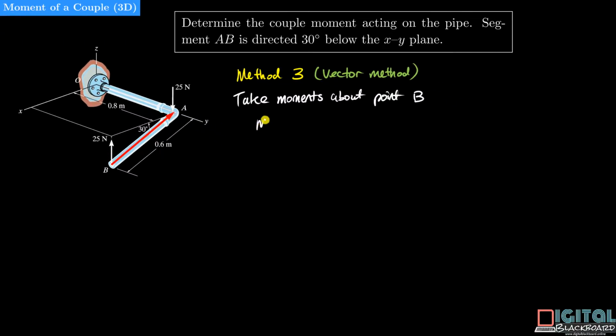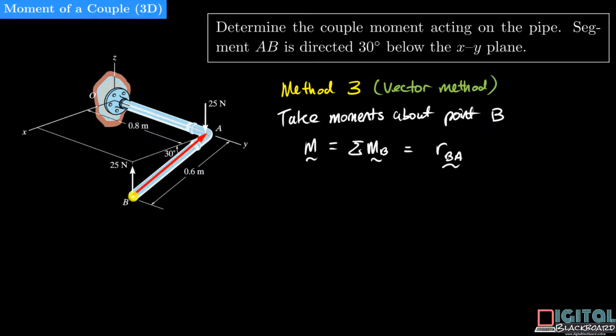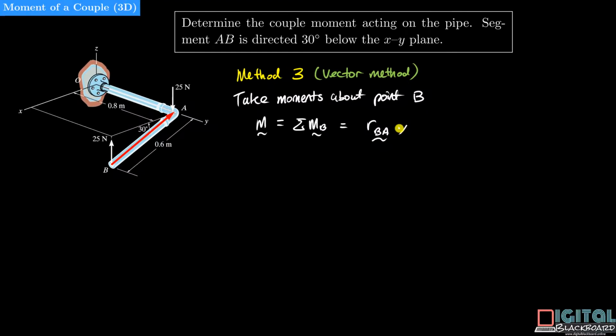In this case, M is equal to the summation of moments about point B, which is equal to RBA cross the force. RBA is the vector pointing from B to A, because you are taking moments about point B, so the vector should originate from point B. The force here is a 25 newton force pointing in the negative z direction, therefore it is minus 25k.